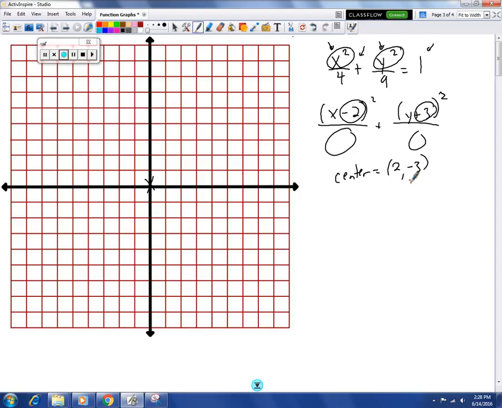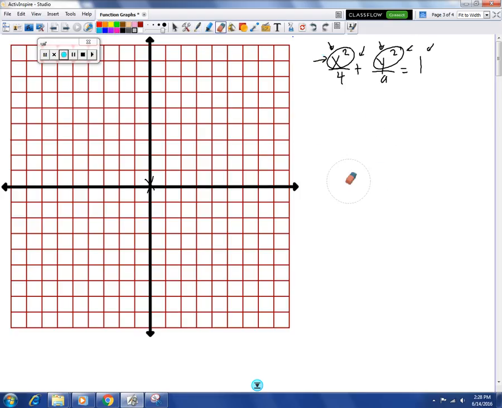So that's why the center of this is 0, 0, because there's nothing grouped with the x, there's nothing grouped with the y. I'll show that in another example in just a minute. So the center is 0, 0. And if you don't see anything with x, don't see anything with y, it's 0, 0.